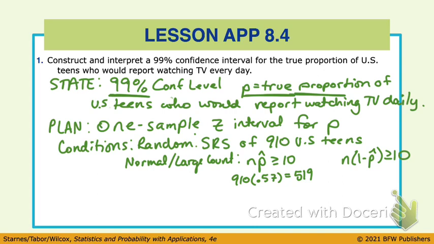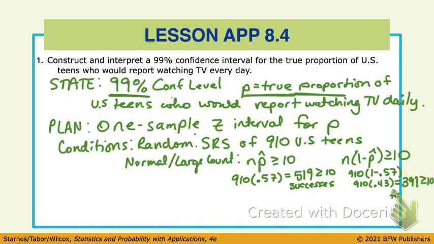Because again, remember, this is going to be our number of successes, and I can't have a decimal number of successes. Okay. For our complement, we have 910 times 1 minus 0.57. Okay, so that would be 910 times 0.43. And 910 times 0.43 is equal to 391.